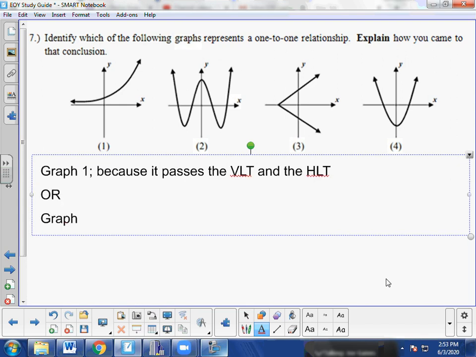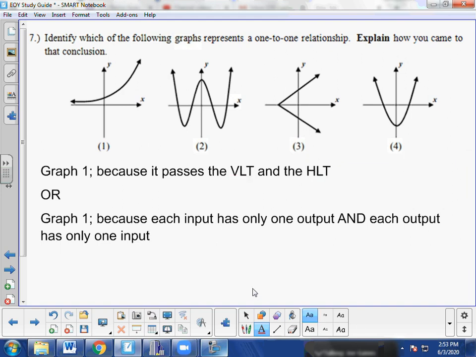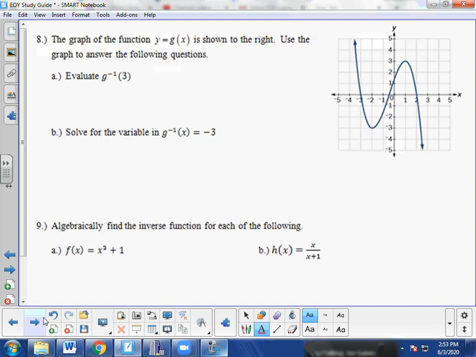Or another option could be to say graph 1 because each input has only one output, and each output has only one input. So a one-to-one relationship means that each x value is mapped to one y value and one y value only, and each y value is mapped to one x value and one x value only.